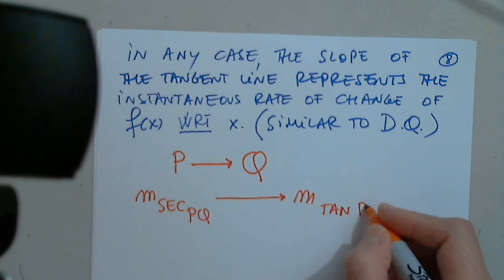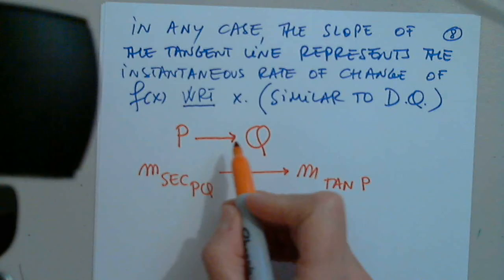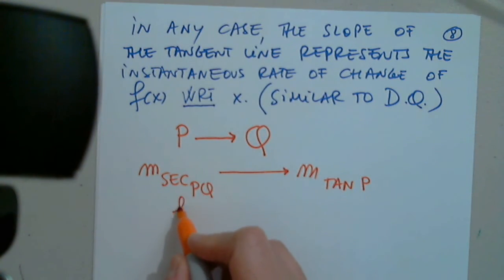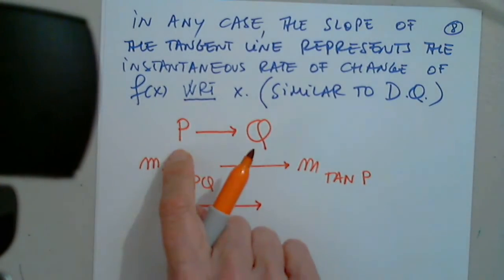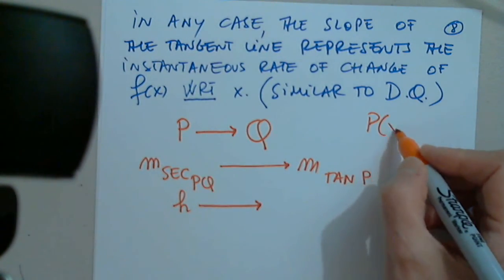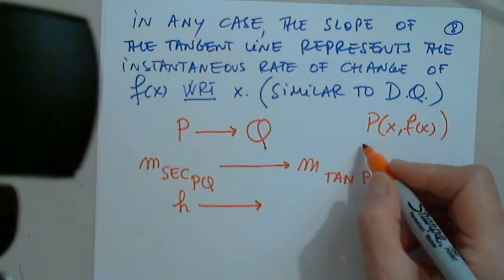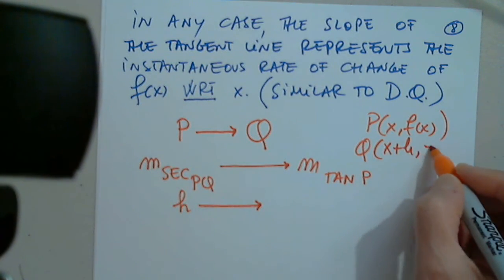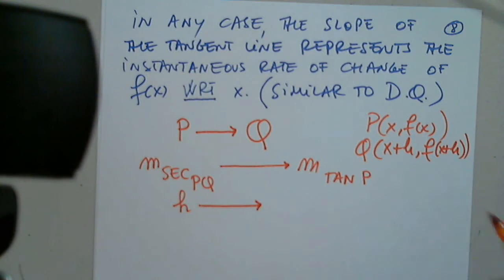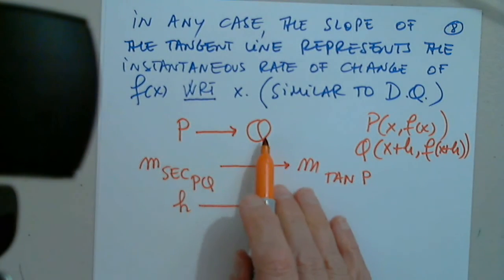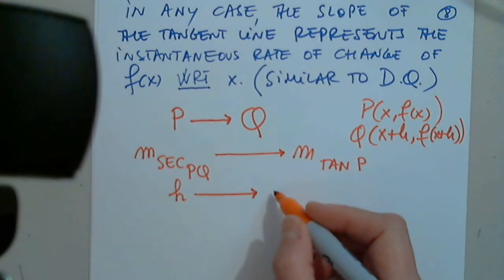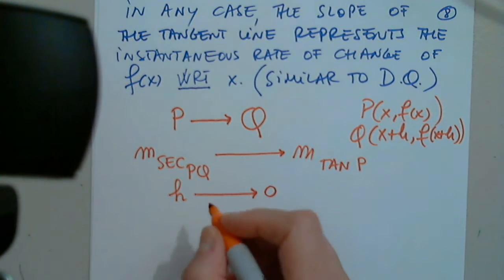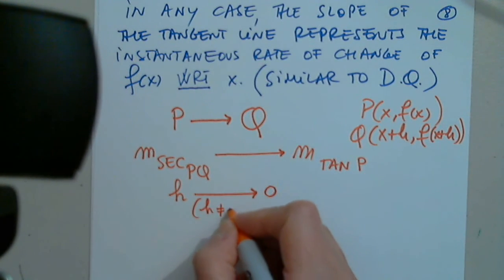Awesome. And when P gets closer and closer to Q, what really happens to h? Remember, P has coordinates x comma f of x, and Q has coordinates x plus h, f of x plus h. So h gets closer to 0, but never to 0. Excellent.